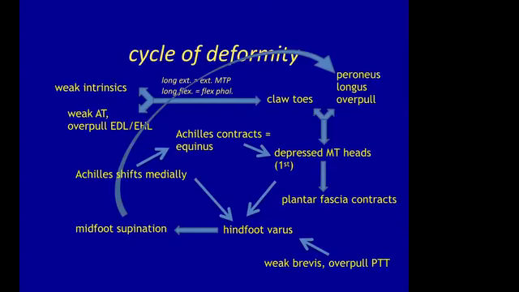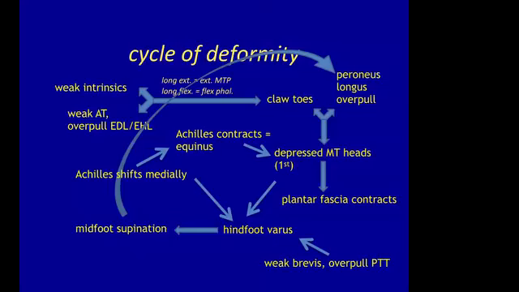In a Cavovarus foot, one of the problems you have is great muscle imbalance. So you have intrinsic muscles which are weak. And as a result, what the body tries to do is to recruit the extrinsic muscles. So you have the long extensors, which will extend the MTP joints, and you have the long flexors. So you'll have these patients with clawing of the toes.